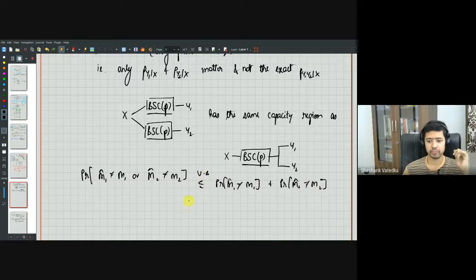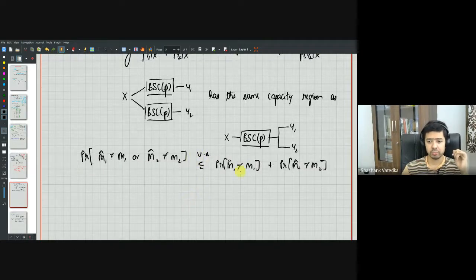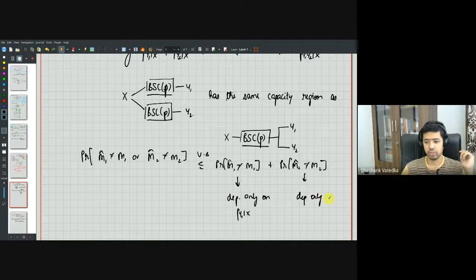Now this probability depends only on p(y1|x). It does not depend on the relationship between y1 and y2 given x. Similarly, this depends only on p(y2|x).